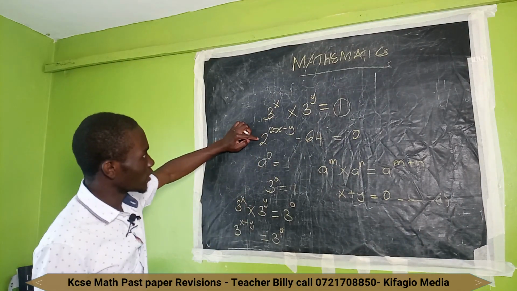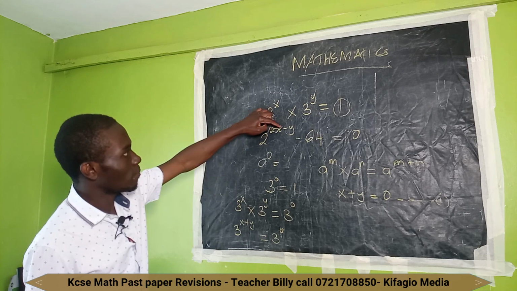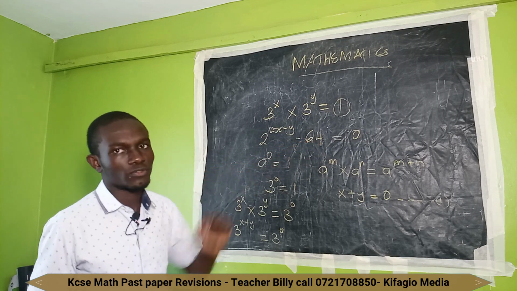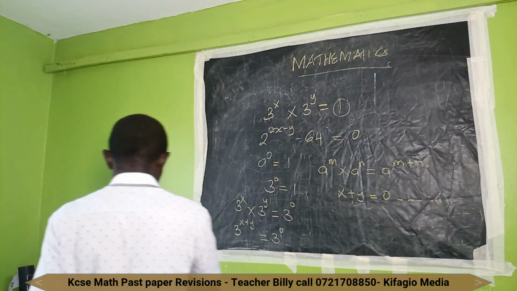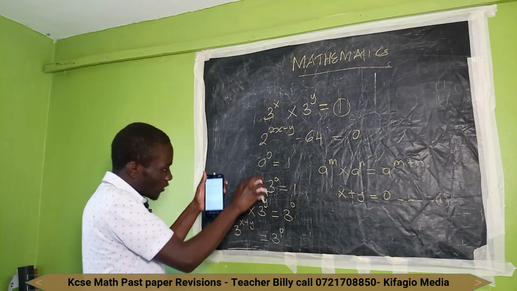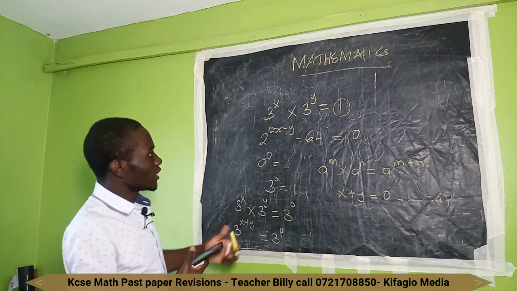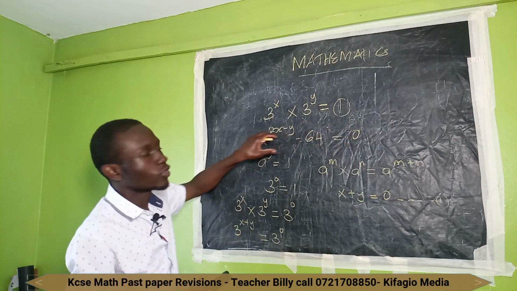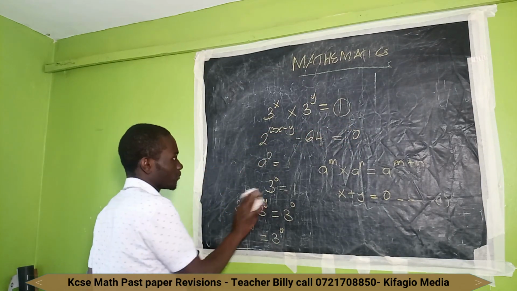We go to our second equation, 2 power 2x minus y minus 64 is equal to 0. What you are supposed to do here is also apply the laws of indices until you write all the terms in this equation to base 2.